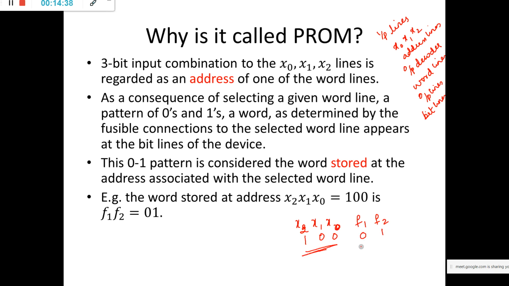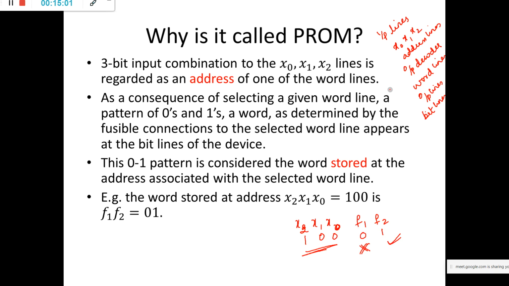So this minterm is not present in F1 function. This minterm is present in F2 function 4, that is 100. The meaning of this statement is this only. 100 is not present at the F1. It is present at the F2.